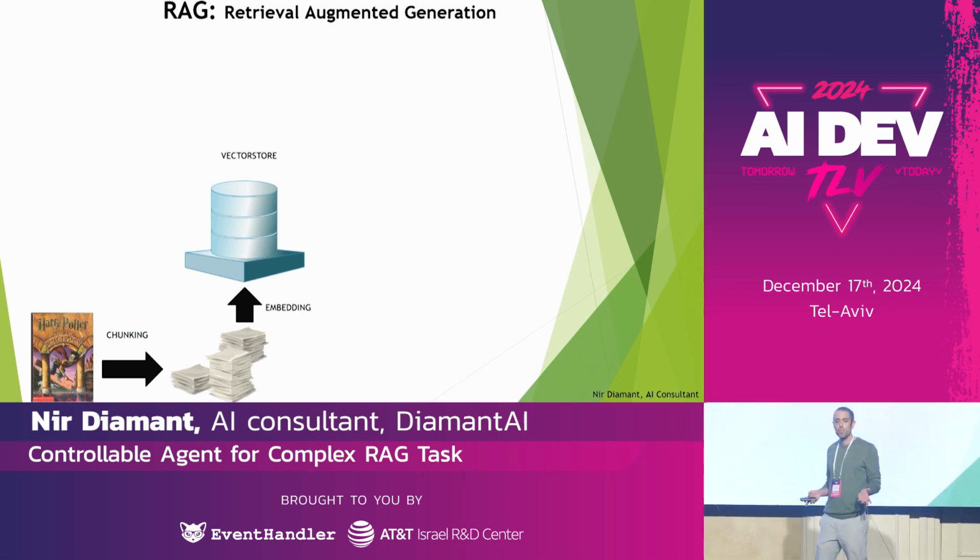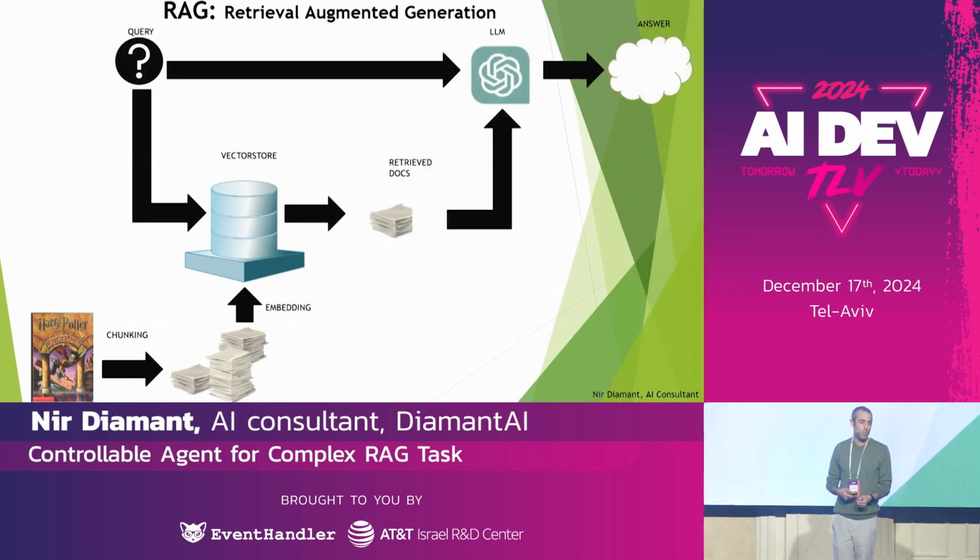Then we embed the chunks, applying a function that takes them into a much lower dimensional space. I'm going to talk about it a bit later. All of those vectors are stored inside a vector store.